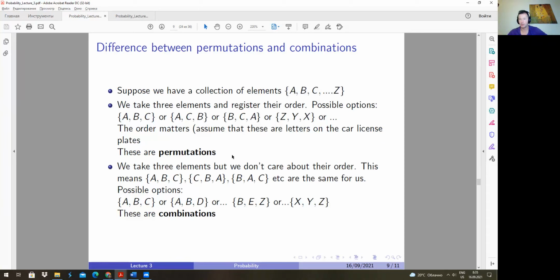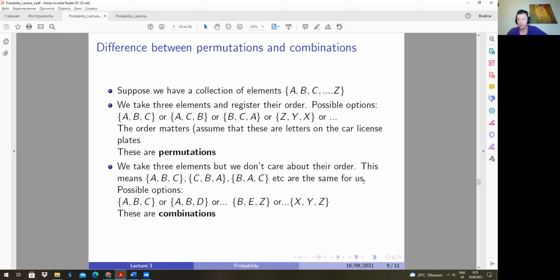Don't be confused. Whenever we take 3 elements and we don't care about their order, we don't care which element is the first, which is the second, which is the third, we just care that exactly these 3 elements are selected, then it means that ABC, CBA, BAC are the same elements for us.